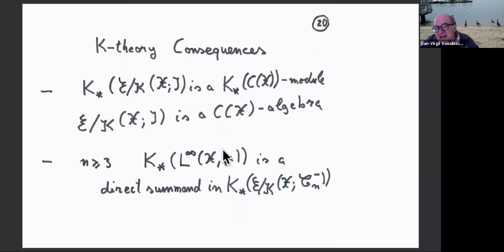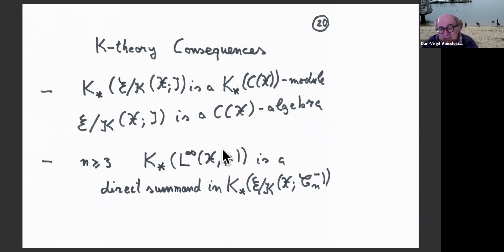And so what are the K-theory consequences of these facts about the Calkin algebra you get for a manifold X with boundary and an ideal I?